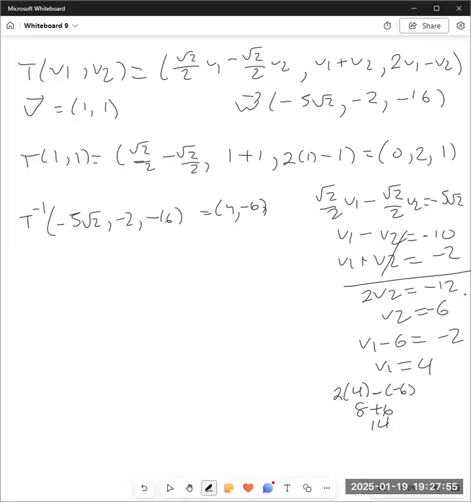Write this backwards. v1 plus v2 is -2. And here, let's leave this one alone for a second. Come back to that one.